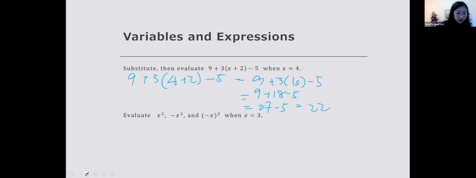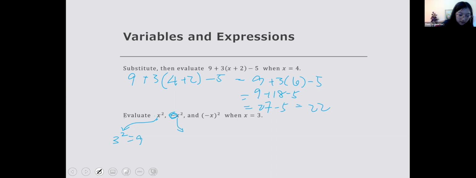So the next problem is actually pretty interesting. So when x is equal to 3, we substitute the x with 3. So for this one, it will be 3 squared, which is equal to 9. But for this one, there is a negative sign right here.